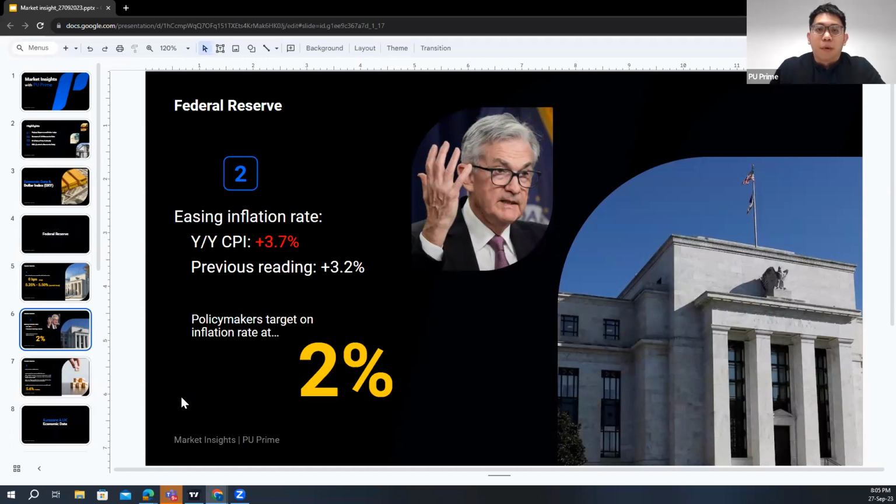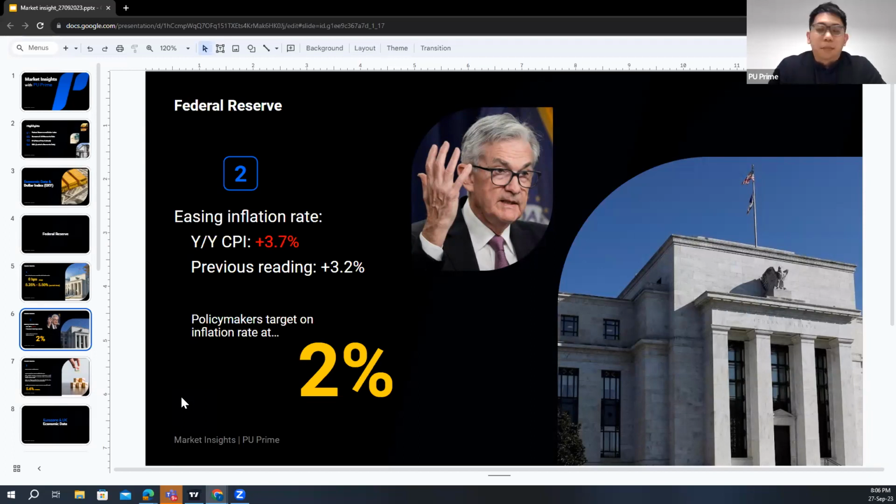We all know that the oil price has been superb. Since July, it started from below $70 per barrel for WTI crude oil, and it is up to above $90 per barrel at the moment. We're also aware that the Federal Reserve has their targeted inflation rate, which is 2%.